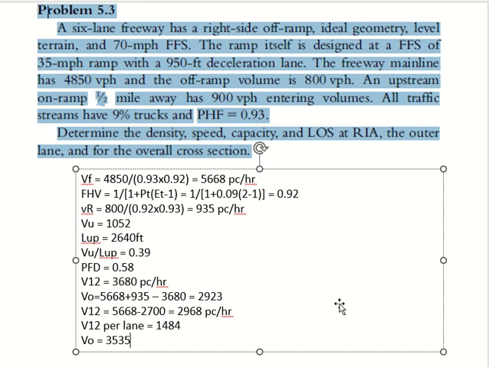Which value is this? 1.5 times that, per lane. Okay. So this is now more. Okay. So we did not. Any problem? No, okay.